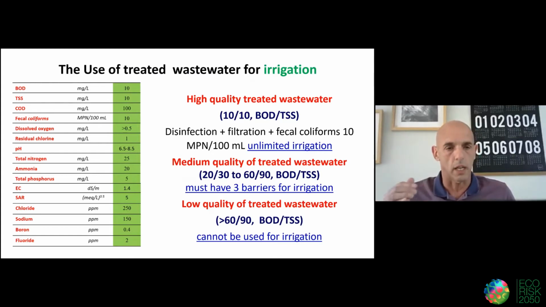If the wastewater treatment plant is not meeting the quality for irrigation, the water cannot be used for irrigation. So it's not only the treatment, it's the quality of the treatment. If the plant meets what we call 20/30, meaning a BOD of 20 and TSS of 30, and other quality parameters, the water can be used for irrigation.